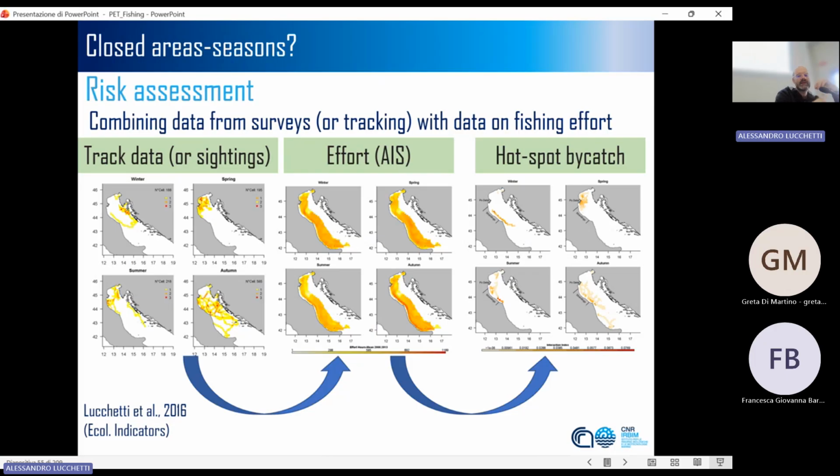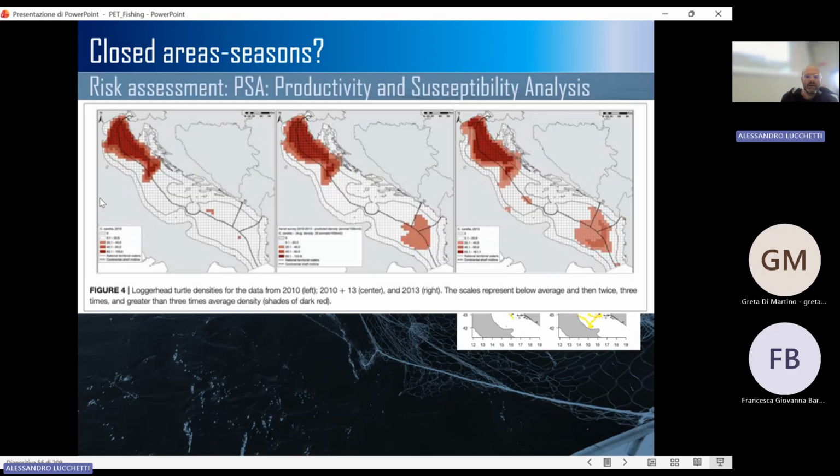We identified some specific areas where we can have a hotspot of bycatch for sea turtles. As you can see, for example, here we found in the North Adriatic a key area for the overlapping between the species distribution and bottom trawling effort in the Adriatic.